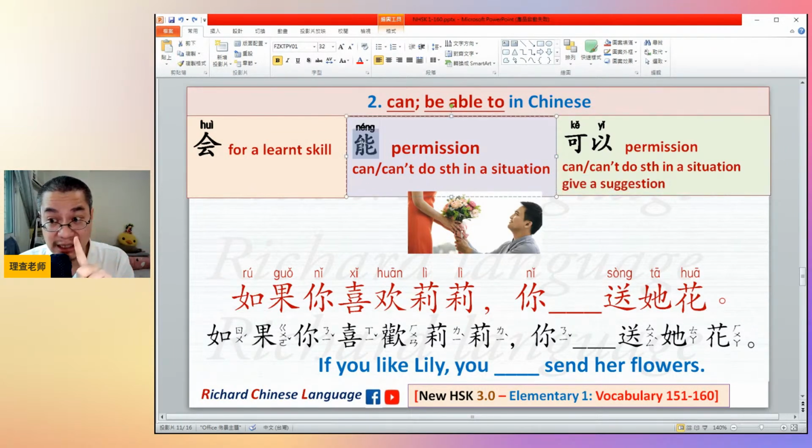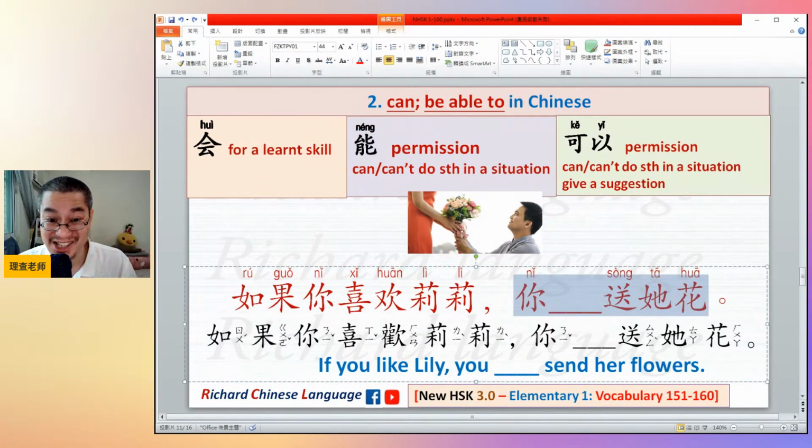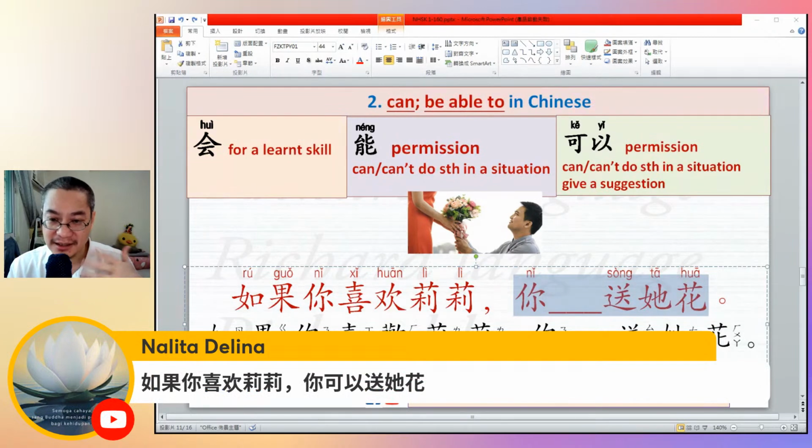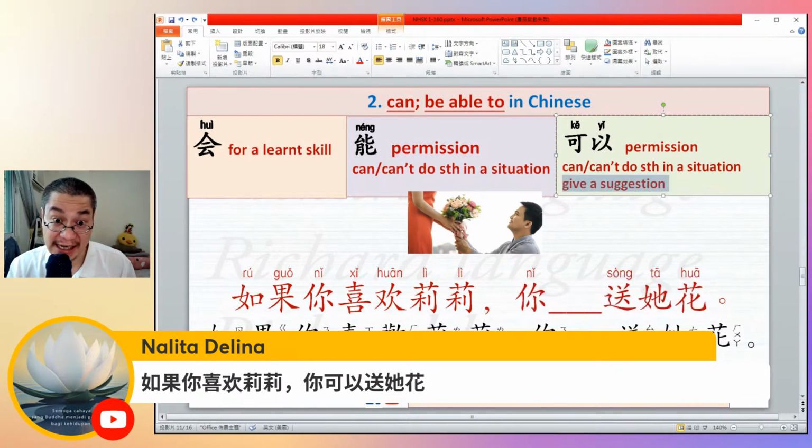Do not use 能 here. 所以我们的答案是可以。如果你喜欢丽丽，你可以送她花 because you are giving a suggestion.